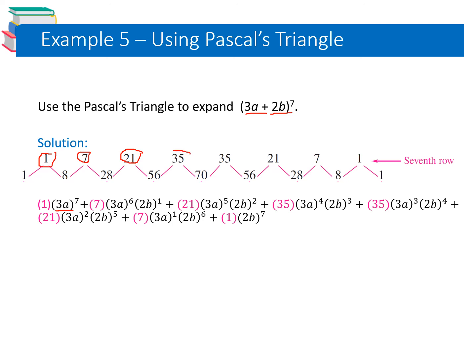Next, plus 35 times 3a raised to 4 naman siya. And then, 2b raised to 3 plus 35 ulit times 3a cubed from 4 to 3 times 2b raised to 4 from 3 to 4 plus 21, ito yun, times 3a raised to 2 from 3 to 2 and then 2b raised to 5 plus 7 times 3a raised to 1 times 2b raised to 6 plus 1 times 2b raised to 7.